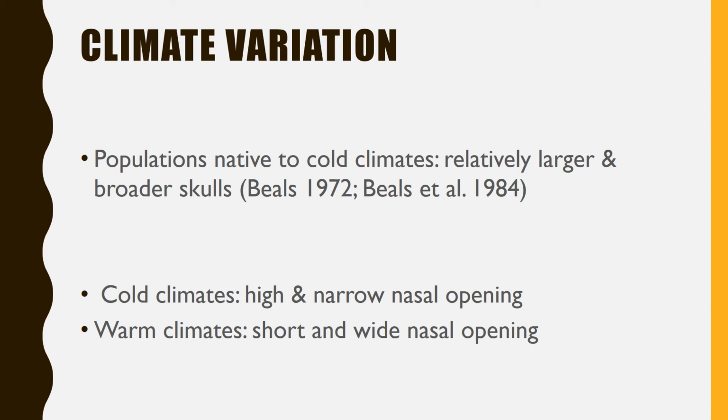When Bergmann-Allen rules are applied to this, it makes sense that broader skulls will lose less heat in colder climates. So having a broader, larger skull is actually helping to maintain a constant body temperature, while narrower skulls will lose more heat, and therefore they're better suited for warmer types of environments.